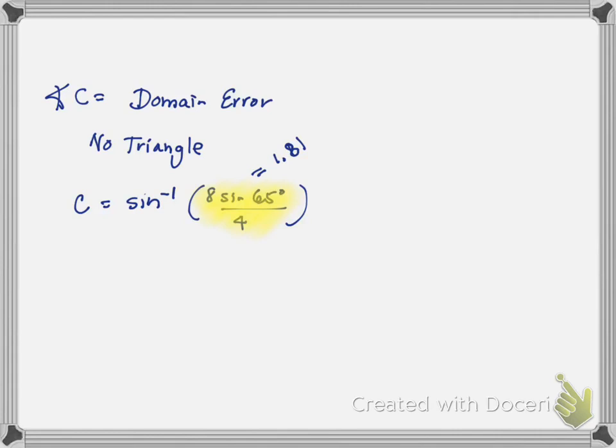We know that the range for inverse sine is -1 to 1. So 1.8 is outside of the range, and that's why your calculator is giving you a domain error. That means this angle C does not exist, so we have no triangle. Once again, no triangle is your answer, and I just explained why.